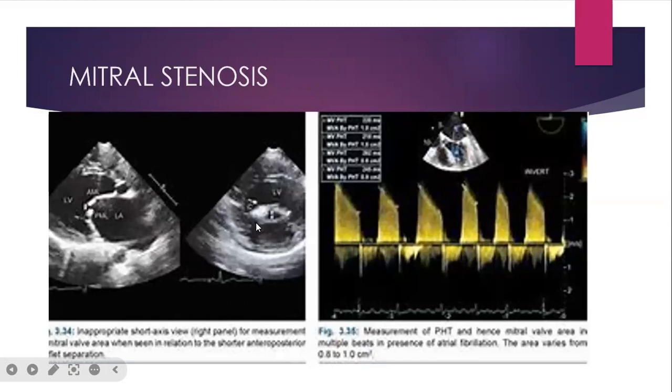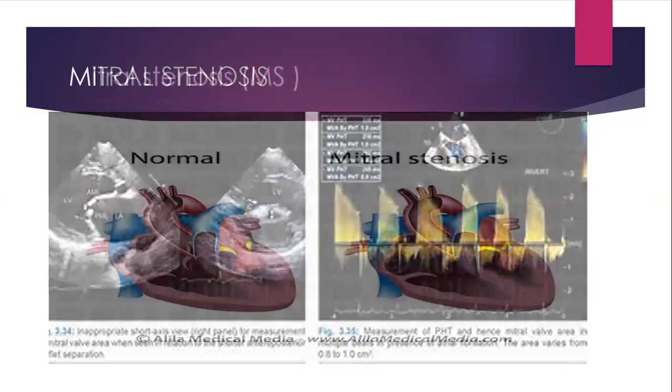And if you measure the velocities, you can see there is restricted flow of blood around the mitral valve, in terms of velocities. We will look at velocities later on.